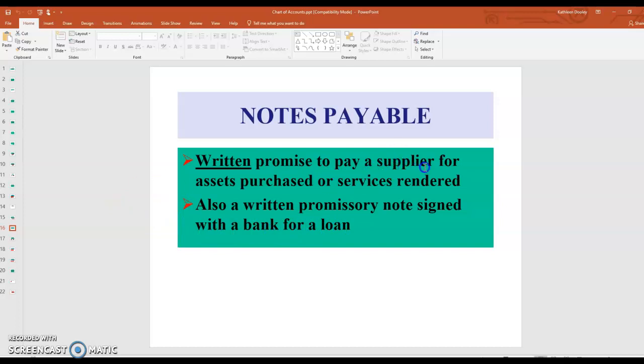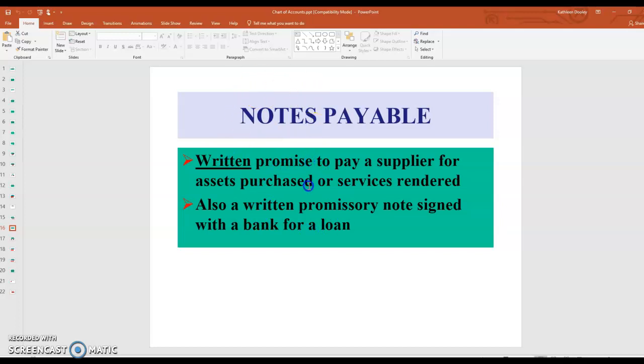Or we can get some stuff from a supplier or vendor, usually something bigger like a piece of equipment, or something that they may have us actually sign a written promissory note. Then instead of being called accounts payable, it will be called notes payable.